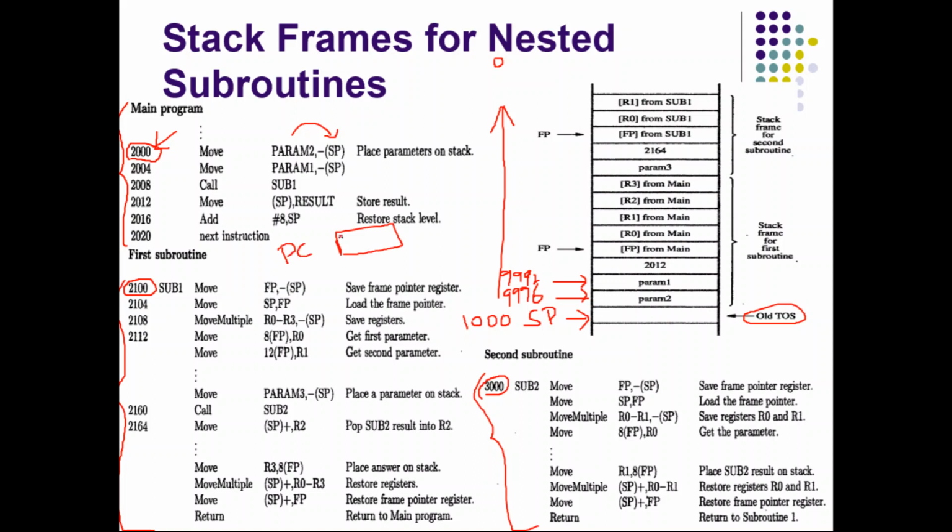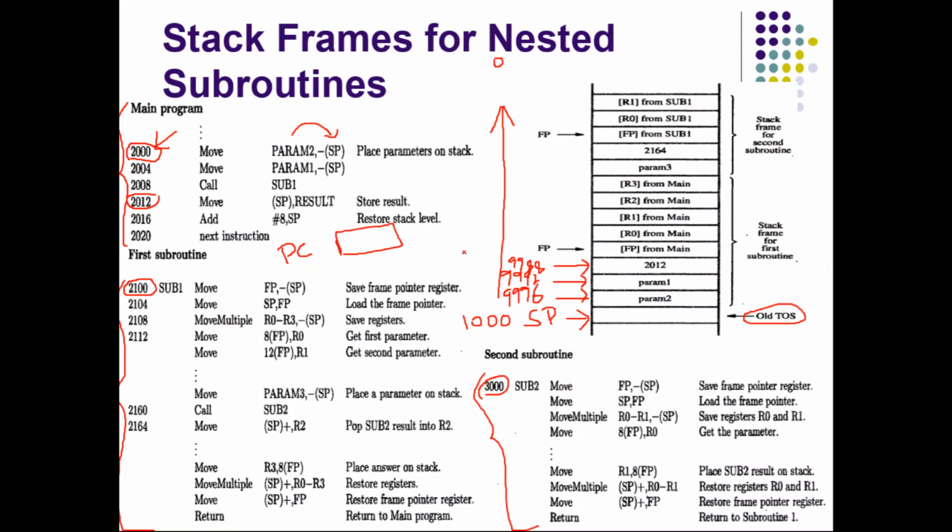But before doing that, the return address should be pushed into the stack. What is the return address? 2012. So before pushing, SP will decrement and then push 2012 into the stack. 9992 minus 4 is 9988. So now the stack is pointing here.